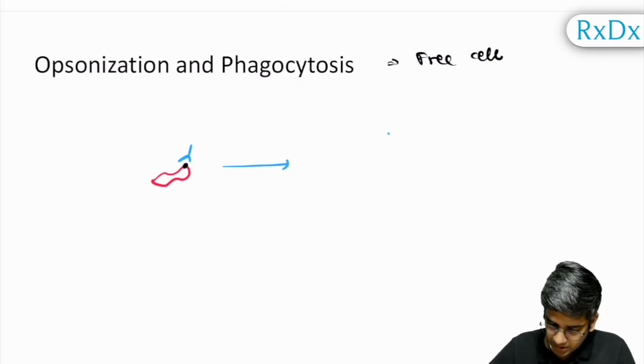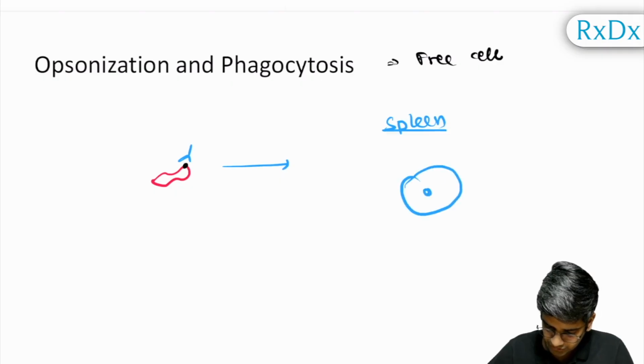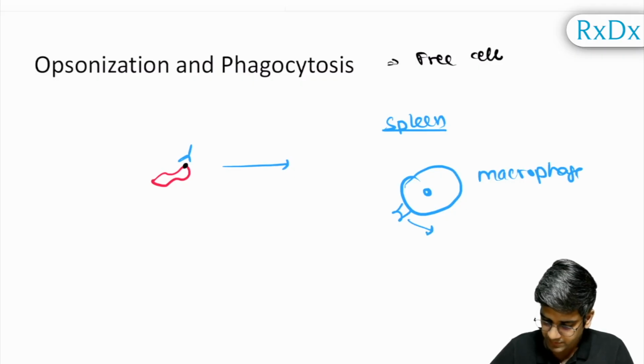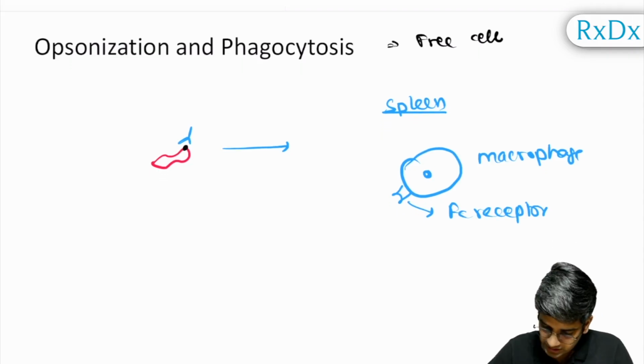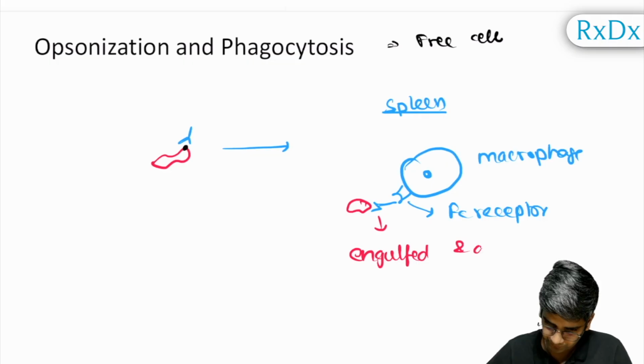This RBC, when it crosses the spleen, the spleen has macrophages, right? Obviously, the spleen has macrophages. We call them littoral cells, right? These have Fc receptors on the surface. Fc receptors are constant chain receptors of immunoglobulin. So this immunoglobulin, which is there on the surface of the RBC, will be caught. Along with that, the RBC also will be there, where it will be engulfed and destroyed.